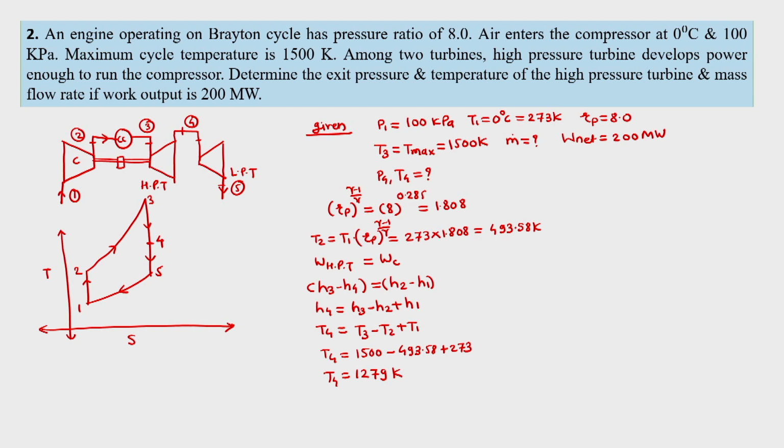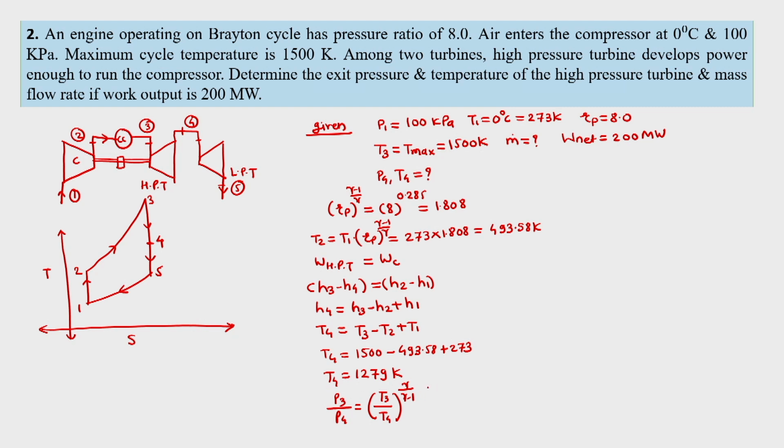Knowing this, we can find out the pressure at the exit of the high pressure turbine. We know that P3 by P4 is equal to (T3 by T4) bracket raised to gamma upon gamma minus 1. This is a different index.